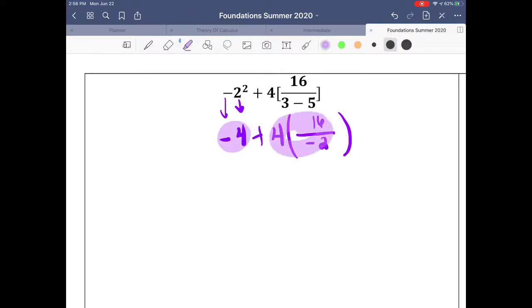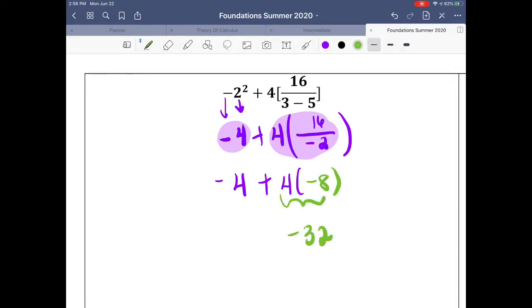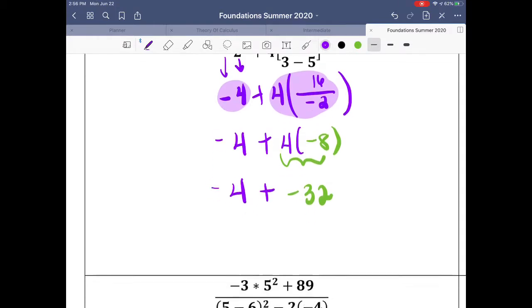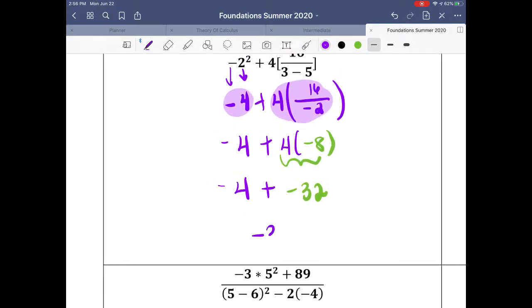And now I have these two groups separated by a plus sign. I still need to do some simplifying. Here I can divide, and then I'm going to need to multiply. And so now I just have addition, and we get negative 36.